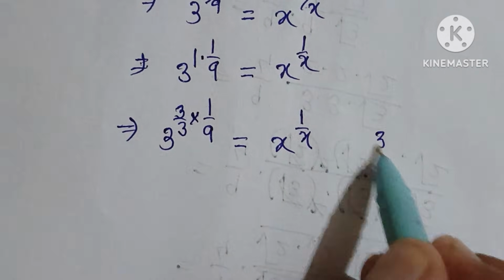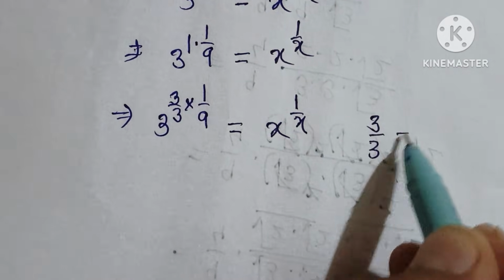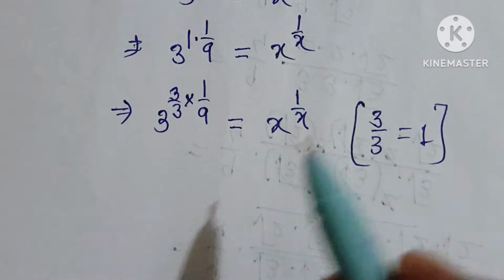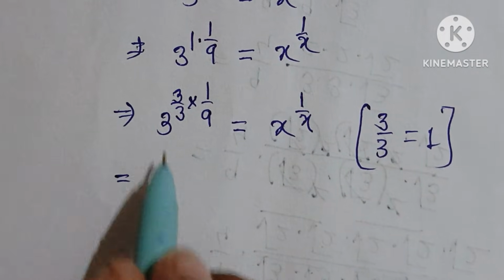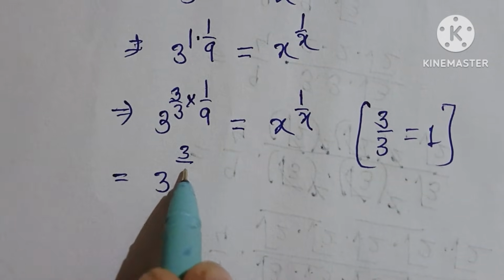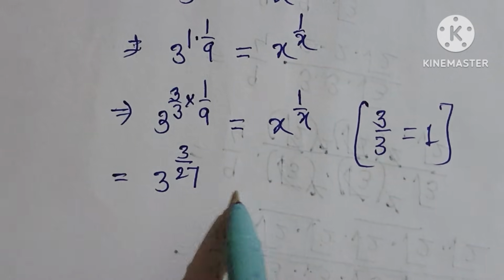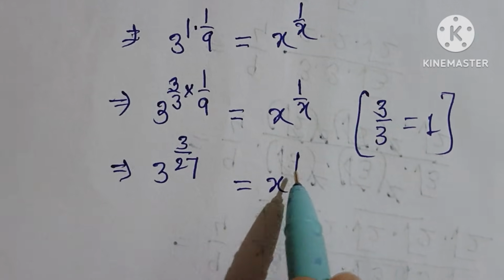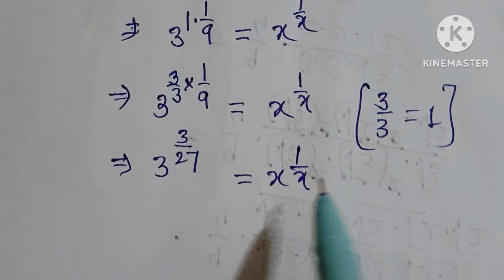We have put here 3 by 3 equal to 1. Now we write here 3 raised to the power 3 by 27 equal to x raised to the power 1 by x.